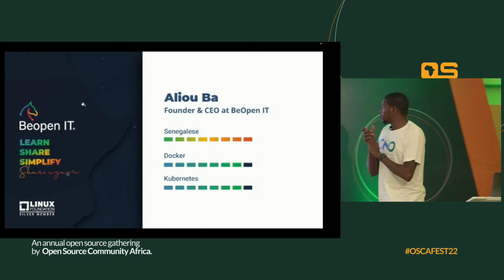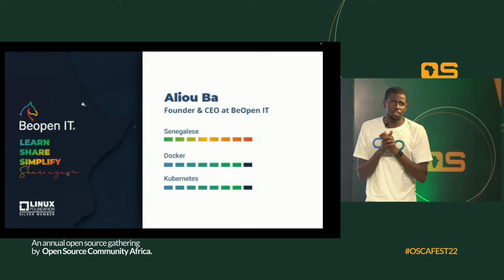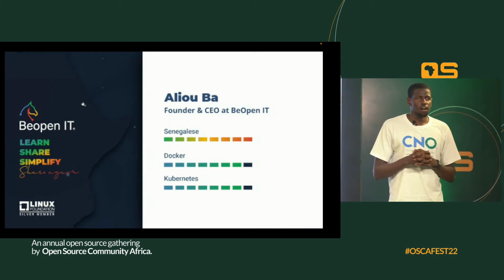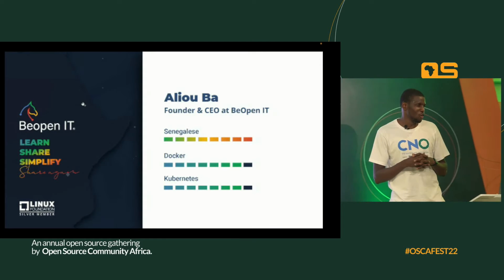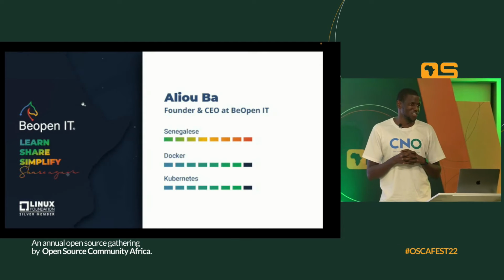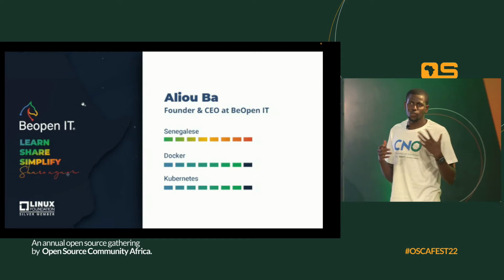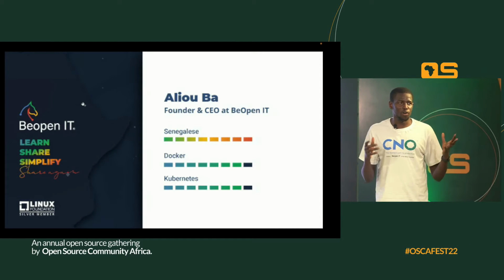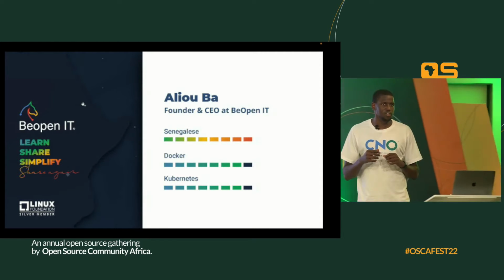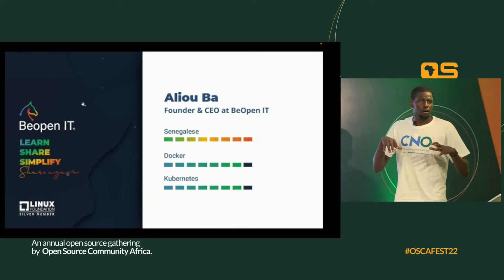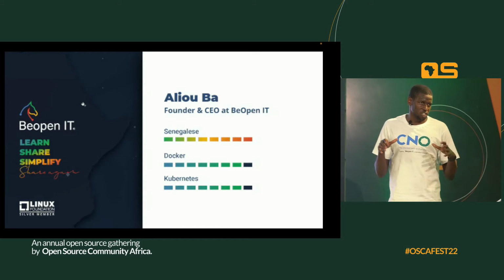I'm from Senegal. You can hear it from my voice. Since a very young age, I always wanted to be very good at technology and to find a way to help and empower all my African brothers and sisters to put Africa on the map of the world of technology.